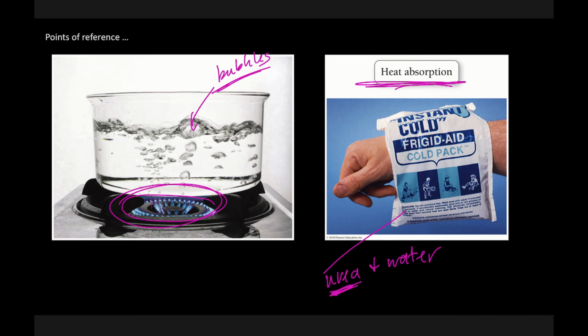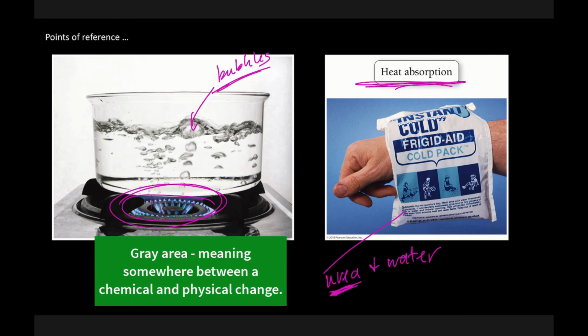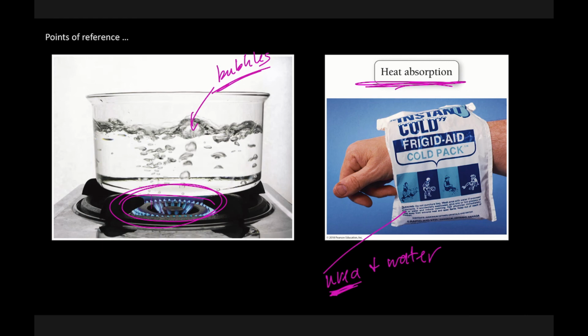And the dissolving of something in water, especially an ionic compound, tends to be a gray area, because the solution has different properties than just the salt or just the water. But we can also separate them using physical changes, which, going back to chapter 3, is one of the hallmarks of a physical process. So the dissolving of something in water, specifically of ionic compounds, we would call a gray area.